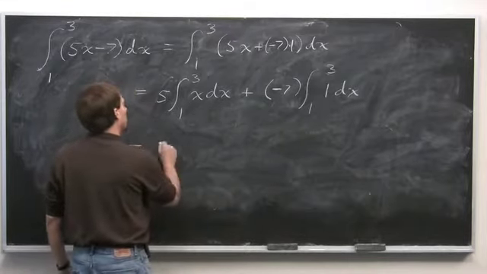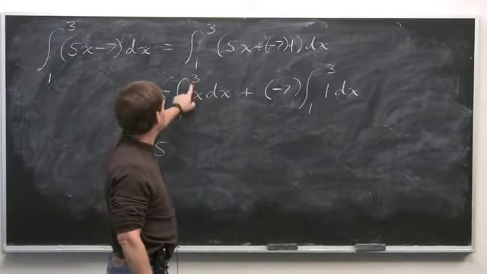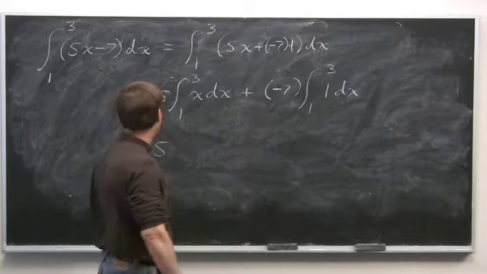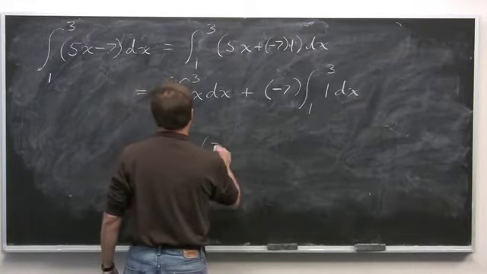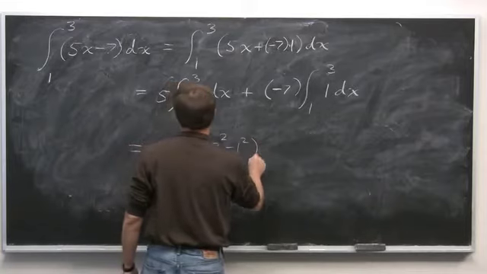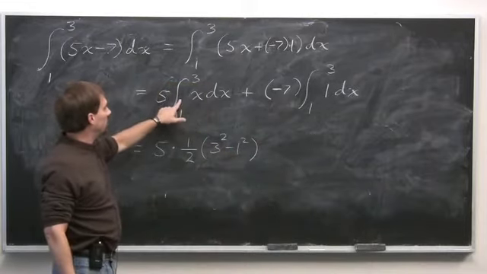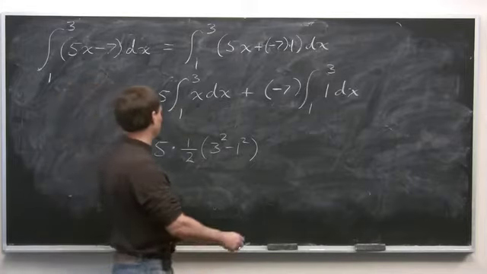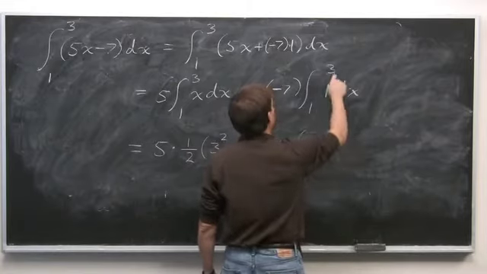So you get 5 times, oh, but we have a formula for this. It's that squared minus that squared times a half. So we get times 1/2 3 squared minus 1 squared for this part, using our formula that we just developed for the definite integral of x dx. And then minus 7 times this, which was just b minus a.